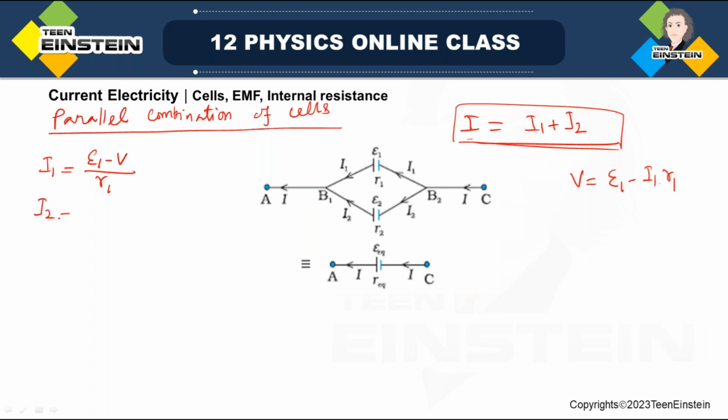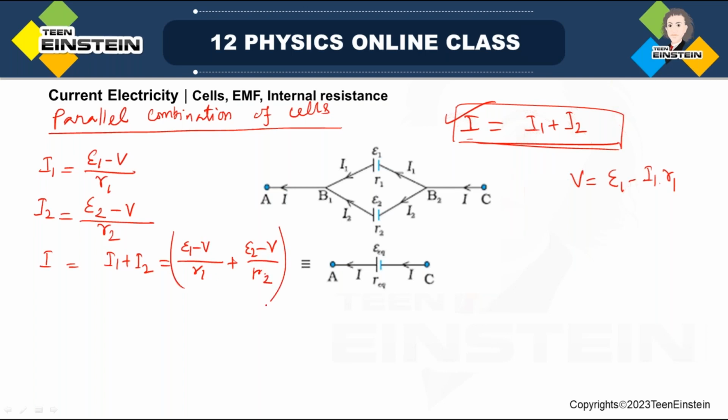Similarly, I2 can be written as E2 minus V divided by R2. Applying this, I is equal to I1 plus I2, or E1 minus V divided by R1 plus E2 minus V divided by R2. This is very simple.